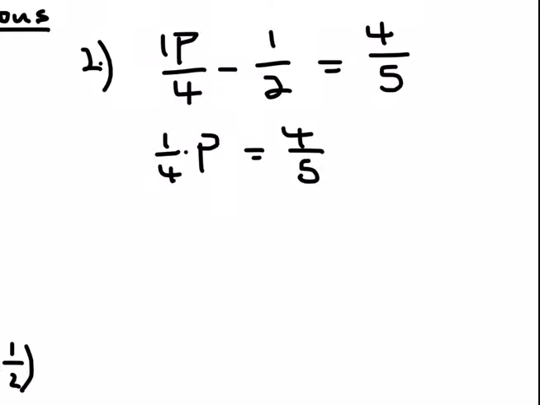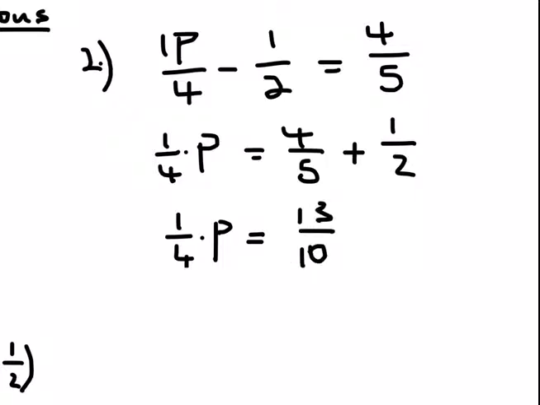And then that 1 over 2 goes to the other side, it changes the sign, it becomes plus 1 over 2. So you still have your 1 over 4 p there, which is equal to, on your calculator, 4 over 5. On the side you add 1 over 2, and then you get 13 over 10.